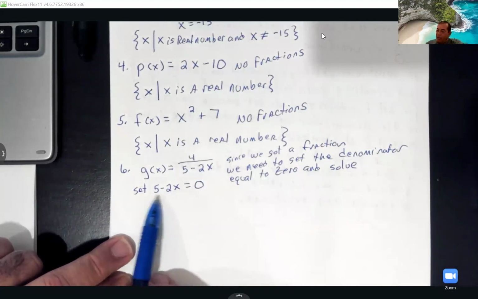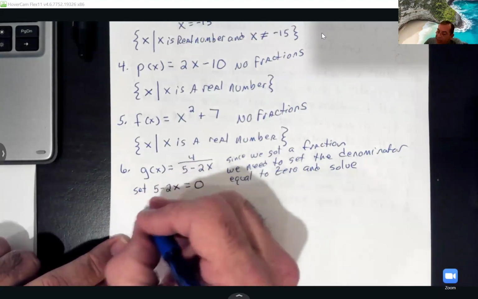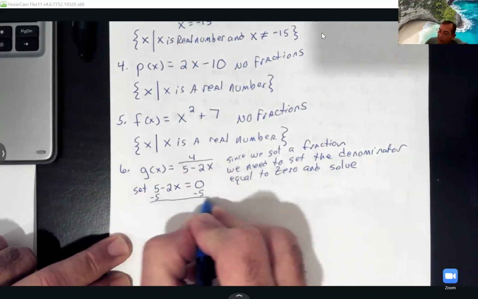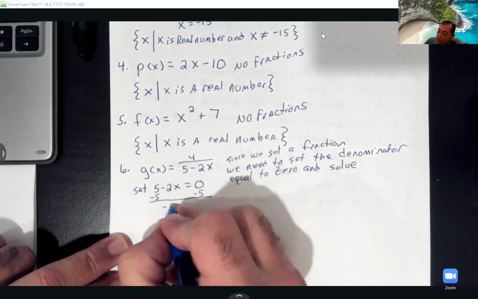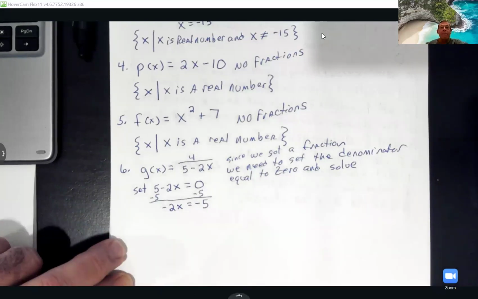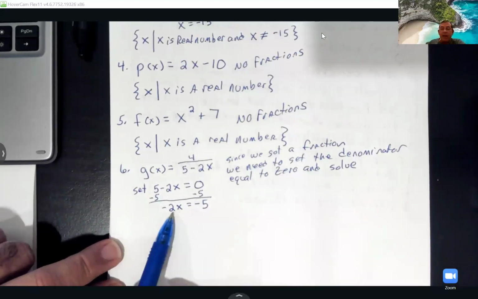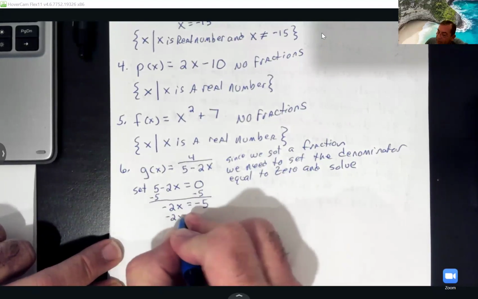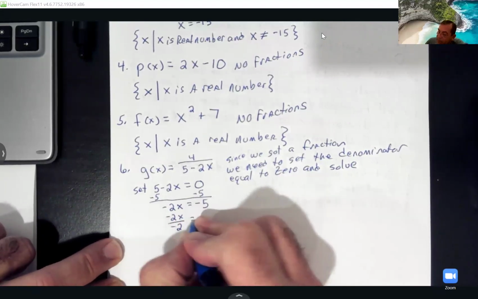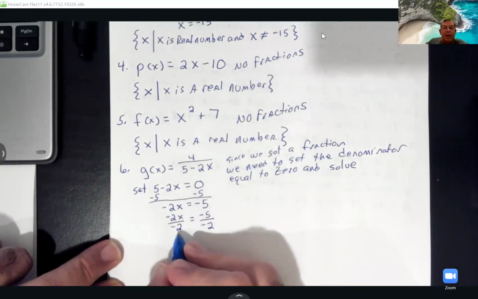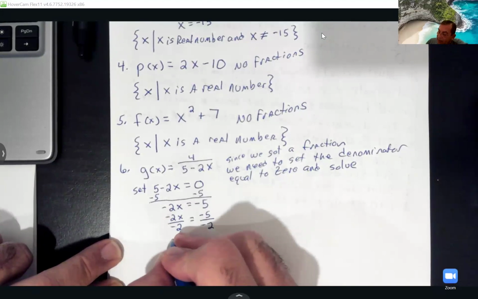All righty, y'all. So it looks like I'm just going to subtract 5 from both sides to get my x's by themselves. So that'll bring our negative 2x down. That's going to equal negative 5. And then we want that to be 1x. So we're going to divide both sides by negative 2. So y'all, these negative 2's cancel, making that a positive 1x.